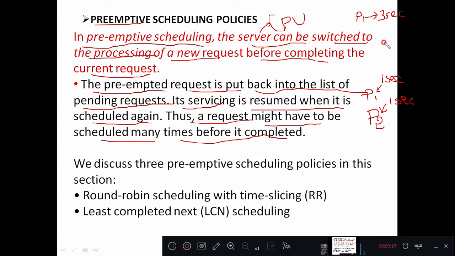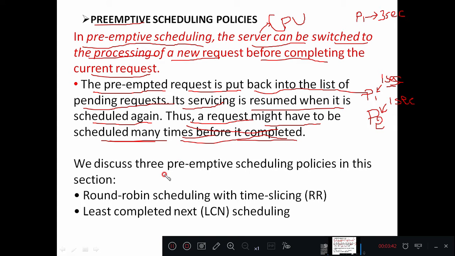Then the CPU will be allocated to process P1 only for 1 second. That means P1 has to be scheduled 3 times to complete its full execution. Right. So that is the meaning of the last sentence: a request might have to be scheduled many times before it gets completed.